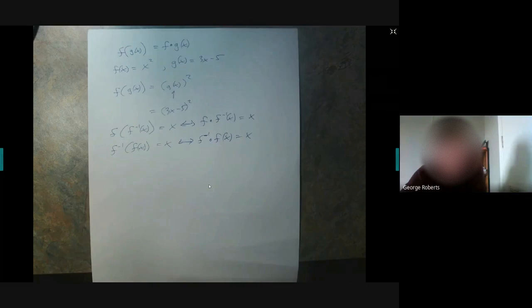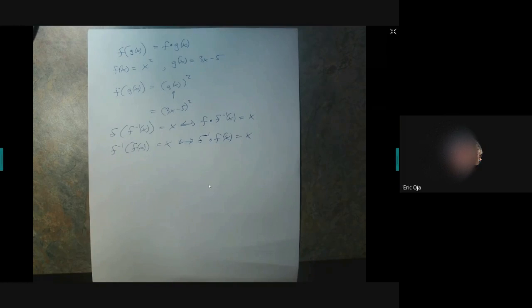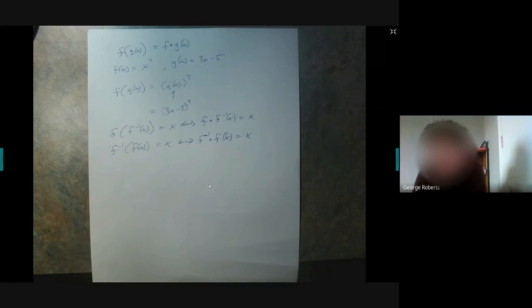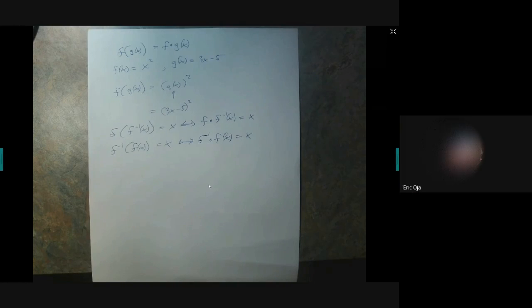So if we took the last problem, 47x minus 55, how would we do the inverse of f of x? Okay, I'll show you. On that last one, here's our inverse and there's the original function.